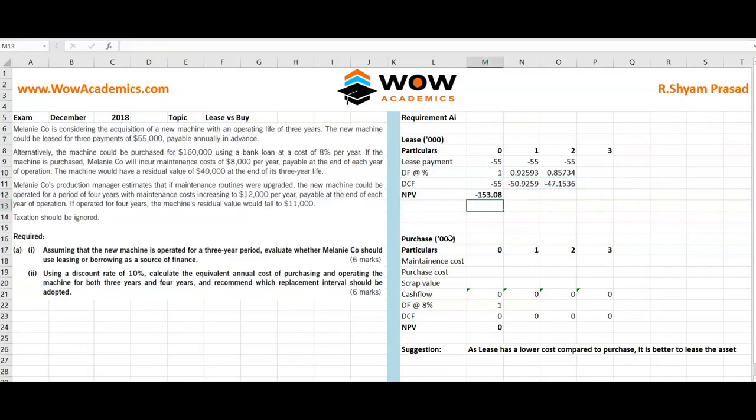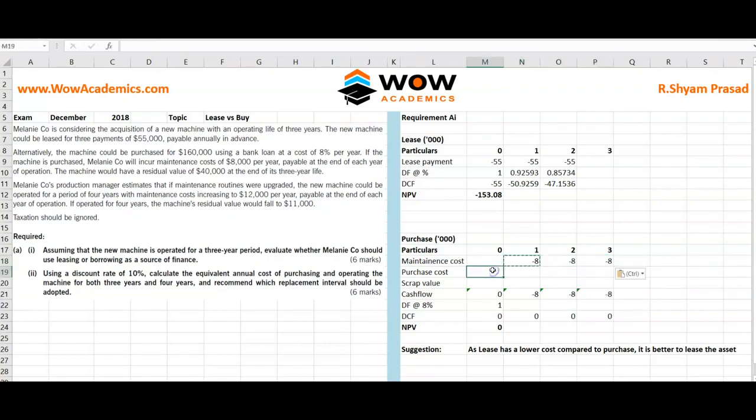So next we'll check out the purchase option. The purchase option has a maintenance cost of 8,000. So we'll take -8. He says maintenance cost will be payable at the end of each year of operation. So it is -8, and it's for 3 years.